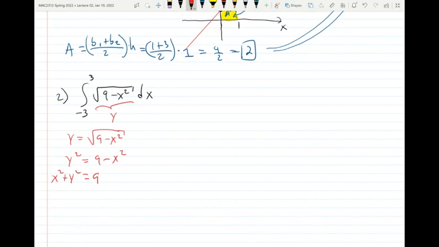So we get x squared plus y squared equals 9. Do you recognize this? It's a circle. You have to tell me the center and the radius, right? What's the center? The origin. What's the radius? 3. Very good.